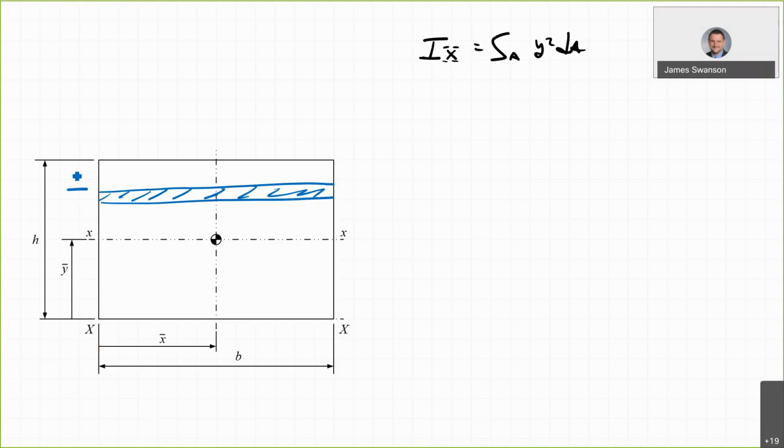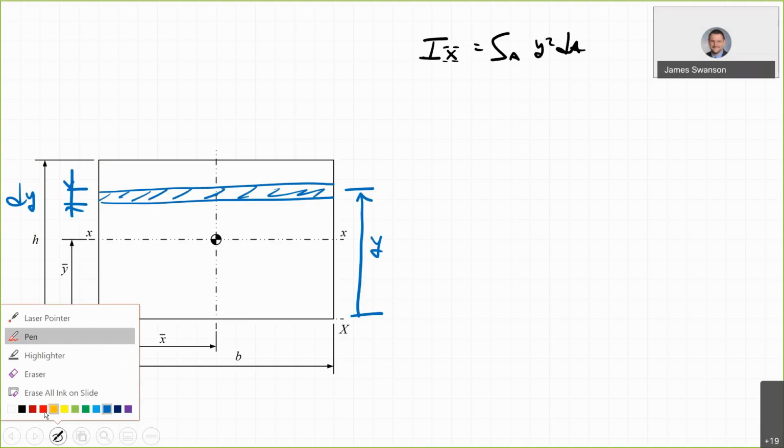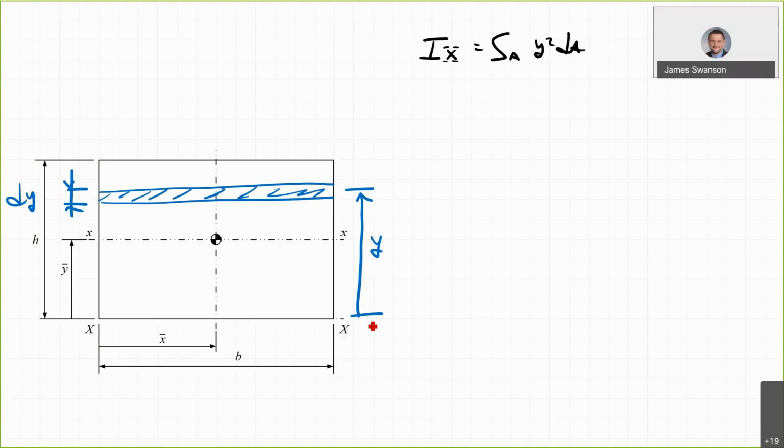So this distance here is dy, and this distance here now is my distance y, like that. If I'm integrating over the area, then I integrate from the bottom of the section down here at y equals 0 to the top of the section up here at y equals h.